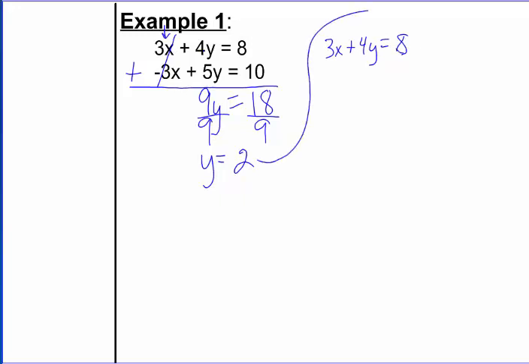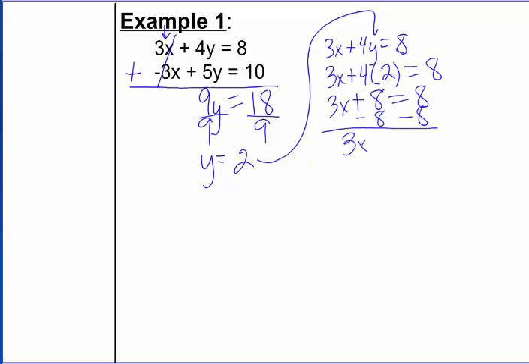We've got our y value, so you're going to plug it into the y spot. So 3x plus 4 times that y value of 2 equals 8. So 3x plus 8 equals 8, minus your 8 from both sides. Get 3x equals 0. So divide by 3, so your x value equals 0. So our answer is 0, 2.